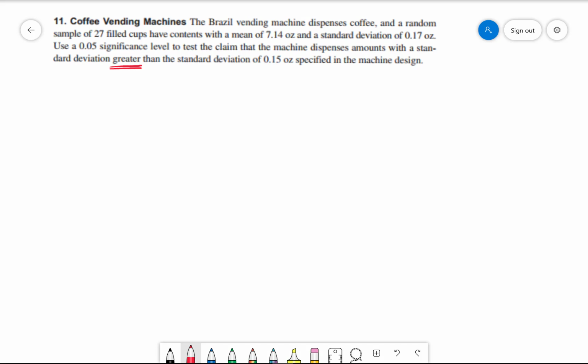So remember, step one is always to do our hypotheses. Our null hypothesis is always a statement of equality. So we're going to say that the standard deviation equals 0.15 ounces. Or we could say the variance equals 0.15 squared, 0.0225.